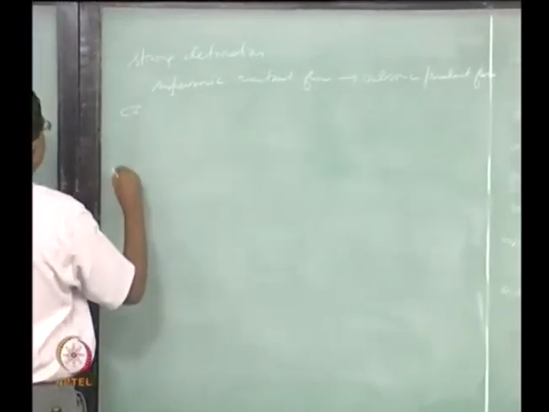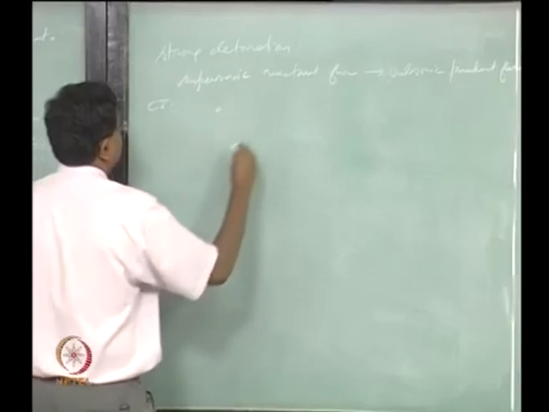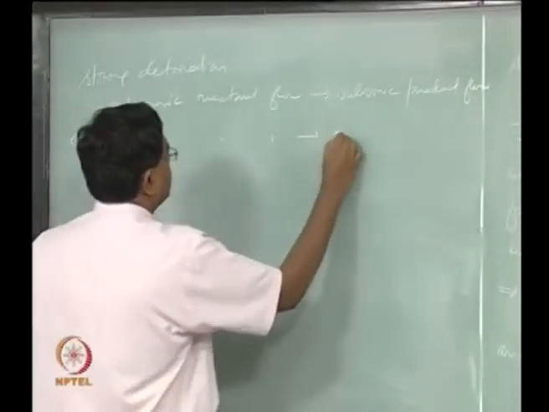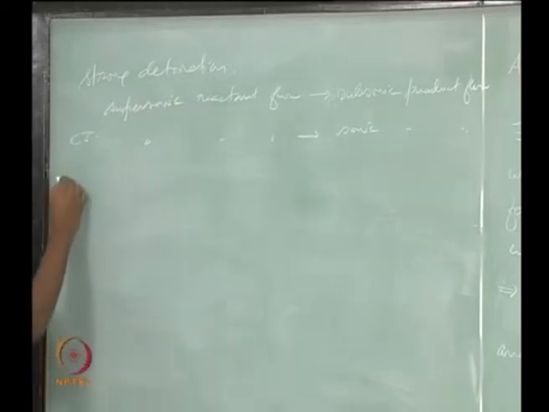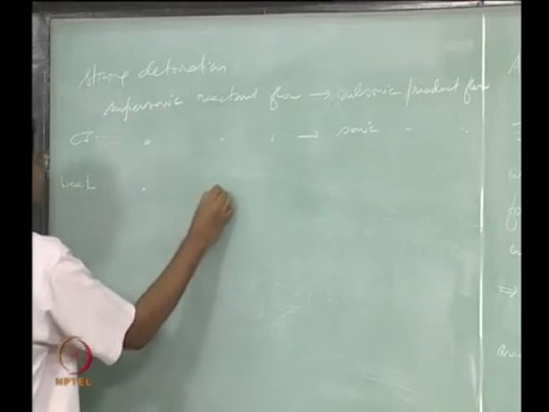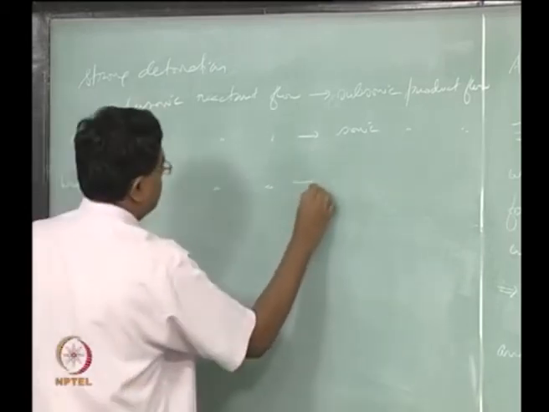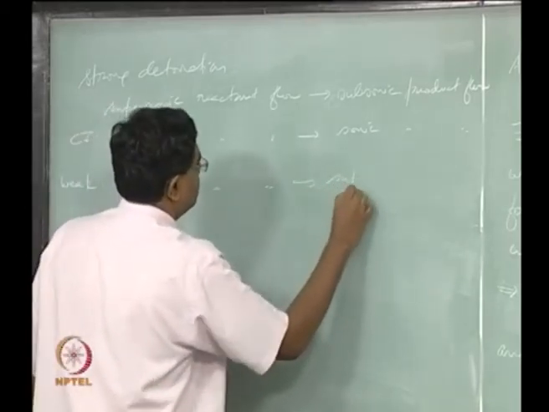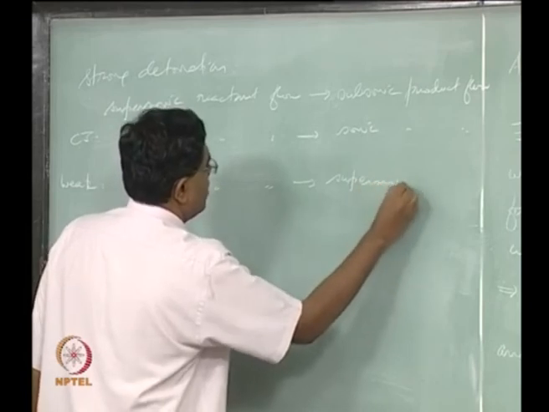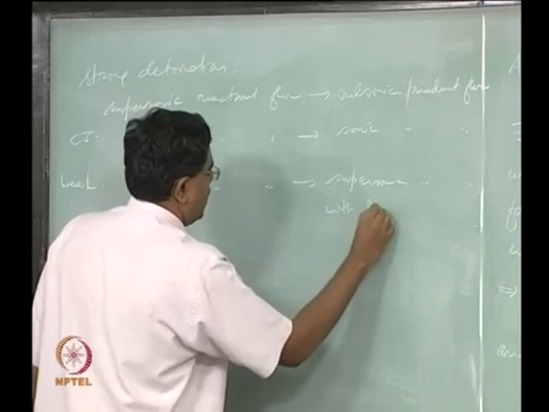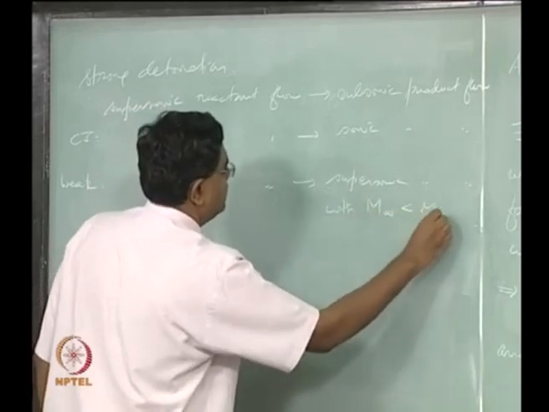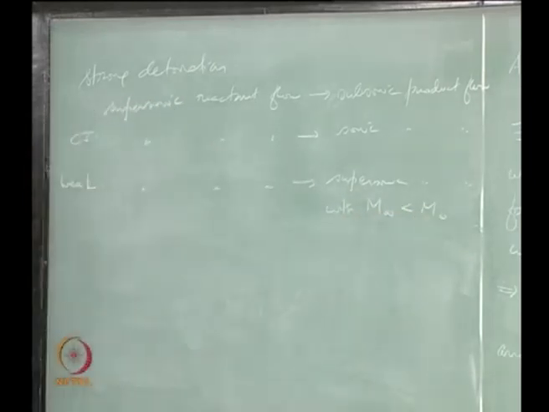Cj detonation is what we just saw: supersonic reactant flow becomes sonic product flow. And weak detonation: supersonic reactant flow, all right, but still supersonic product flow with m infinity less than m naught. Okay, you still have a deceleration.